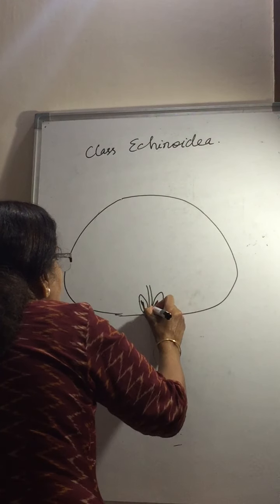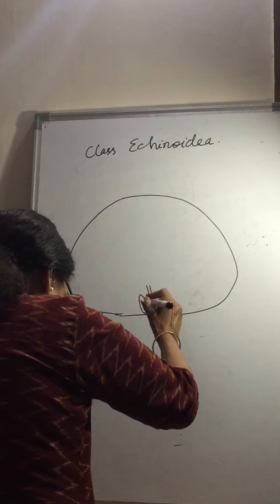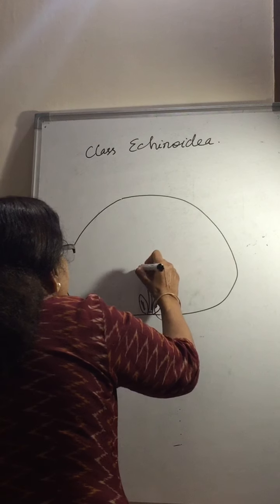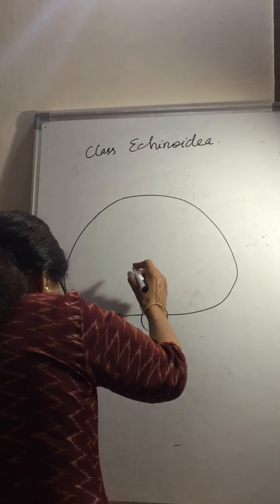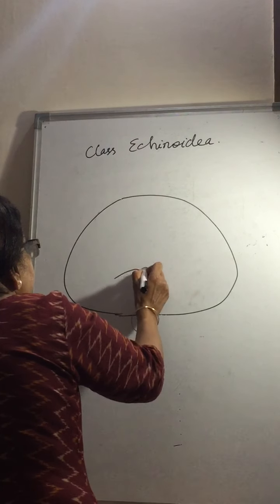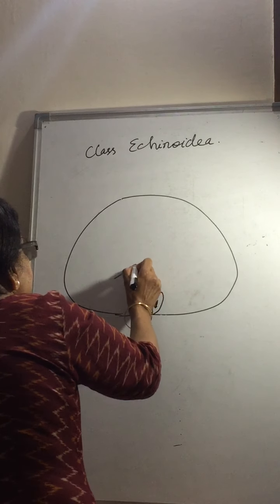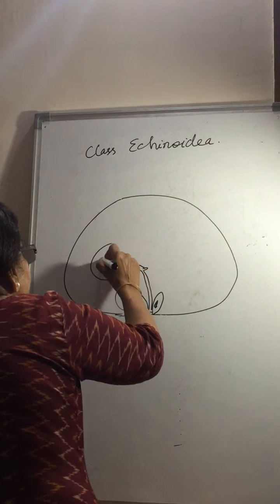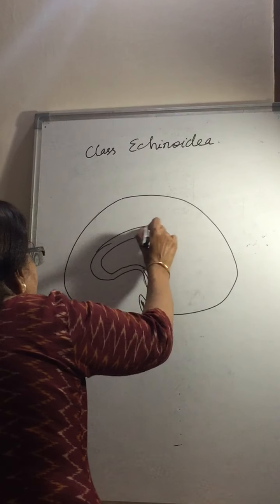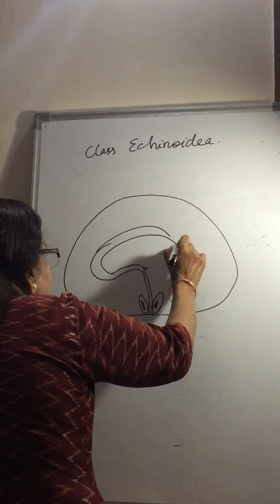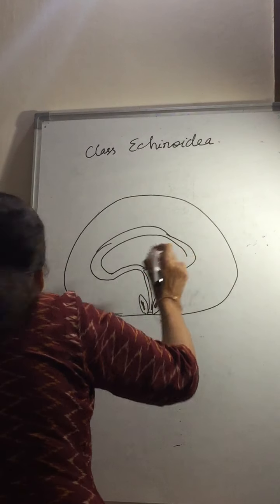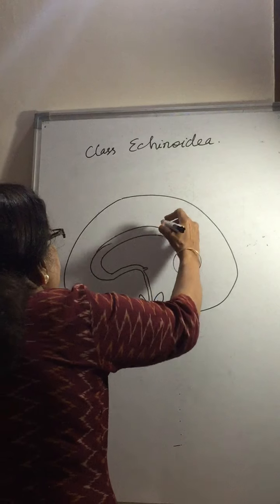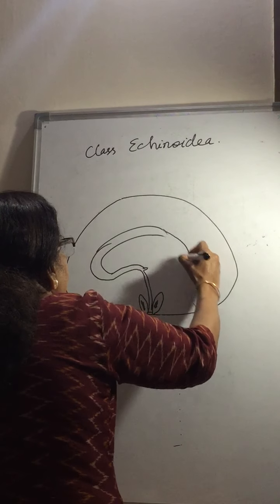Mouth leads to esophagus, and then this is the cecum. Esophagus leads to stomach, and there is a coiling of the stomach, and the stomach then leads to intestine.